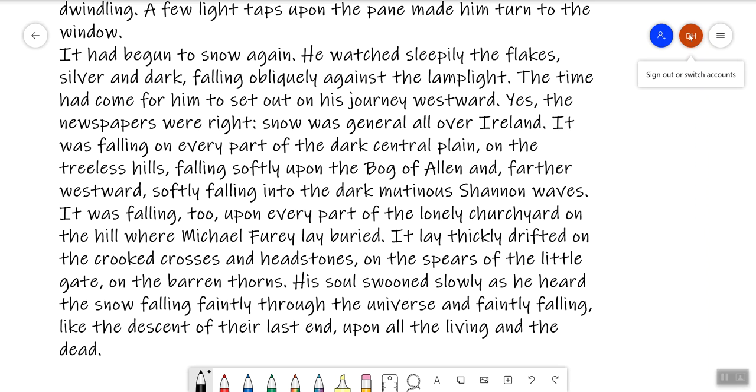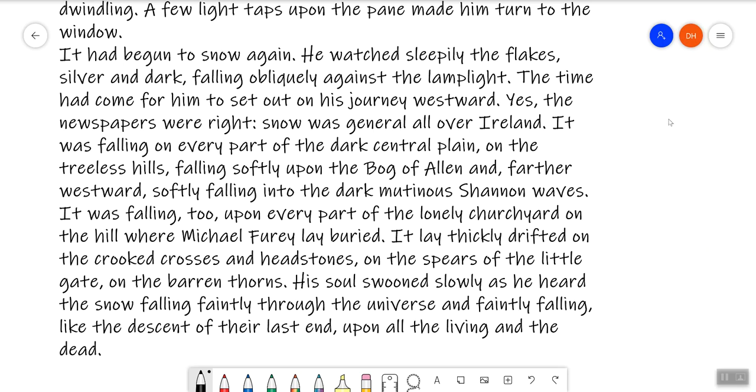It was falling, too, upon every part of the lonely churchyard on the hill where Michael Fury lay buried. It lay thickly drifted on the crooked crosses and headstones, on the spears of the little gate, on the barren thorns. His soul swooned slowly as he heard the snow falling faintly through the universe, and faintly falling, like the descent of their last end, upon all the living and the dead.